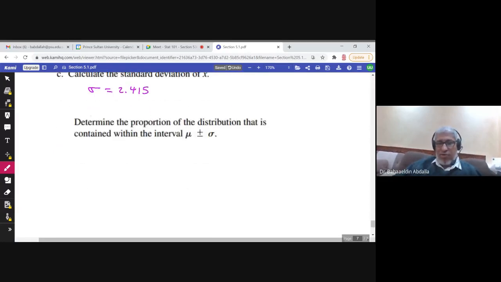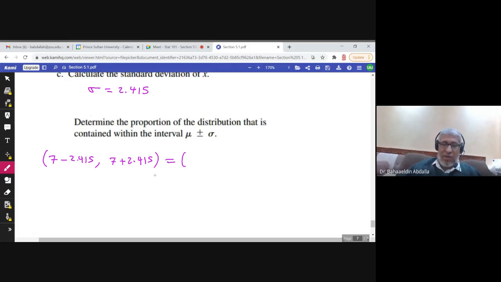Now, how to construct these intervals? Simple. Mu minus sigma, where mu is 7, minus 2.415, and 7 plus 2.415. This is the first interval, if you remember, when we studied the empirical rule and Chebyshev theorems.